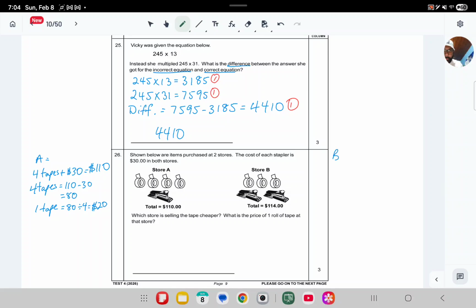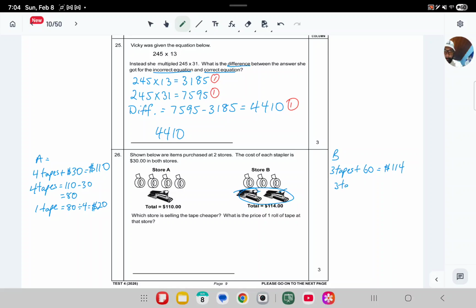Now let's work out for store B. We have 3 rolls of tape, plus $60, because it's $30 at $30, it's 2 staplers here, so plus $60 is equal to $114.